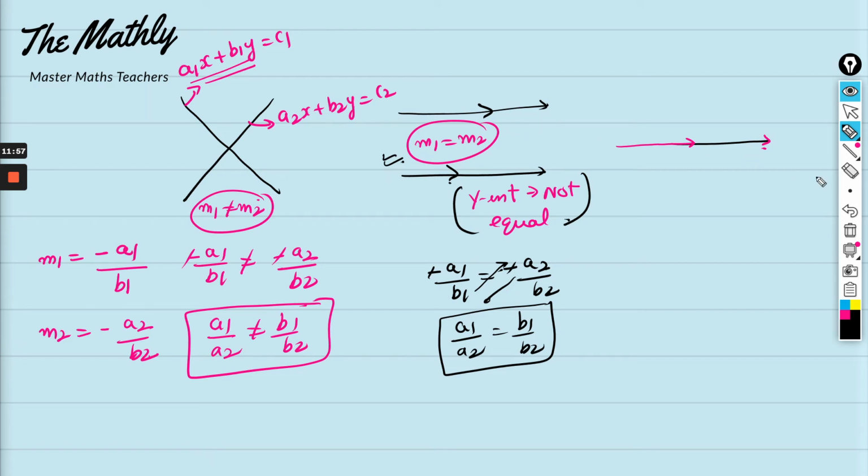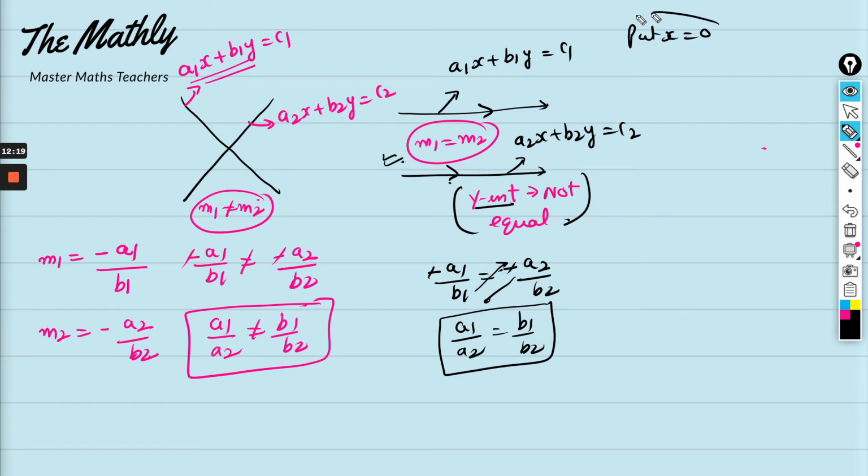Now, let's see how we need to do it. I'll just erase this part. We'll discuss it later. Now, let me write the general equations over here. Let's say this is a1x plus b1y is equal to c1, and this is a2x plus b2y is equal to c2. Now, how do we find the y-intercept? Put x equal to 0.